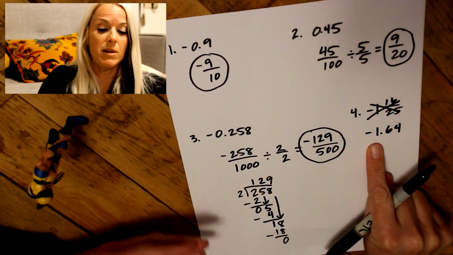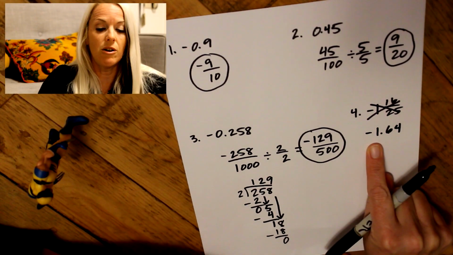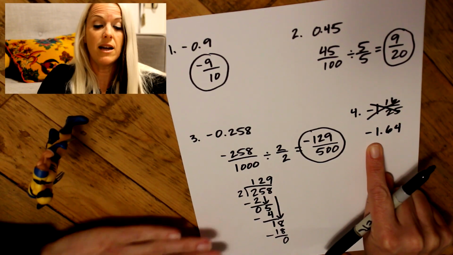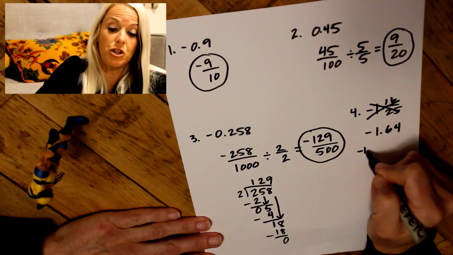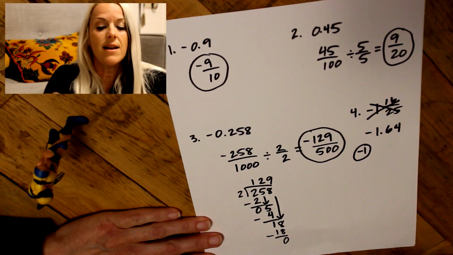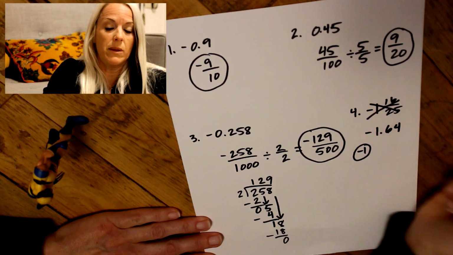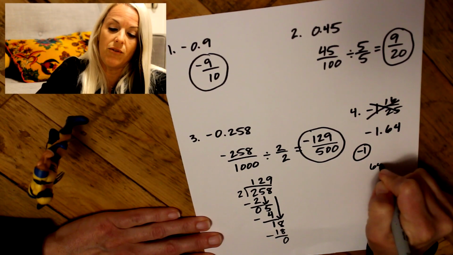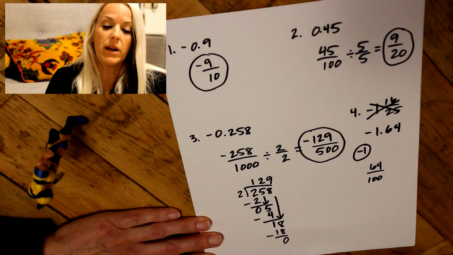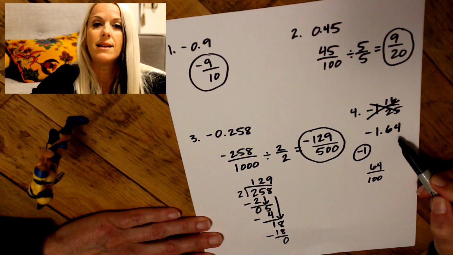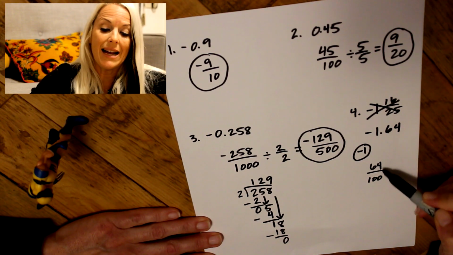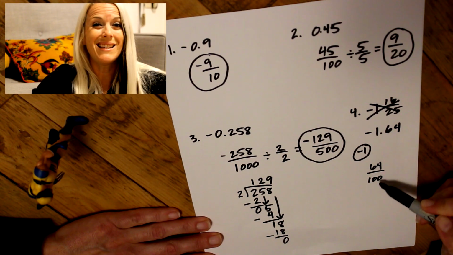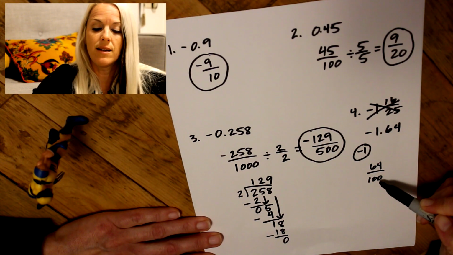Now this is unique because we have a whole number. So we're going to do like we did with yesterday's lesson, and we're going to let that whole number just kind of chill till the end. And then we're only going to deal with the decimal part. So 64 hundredths. So we've got 64 over 100 again because that 4 ends in the hundredths place. I know that both of these are divisible by 2 because these numbers end in an even digit.